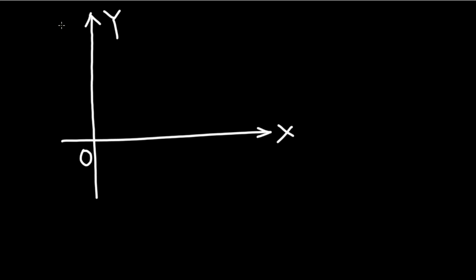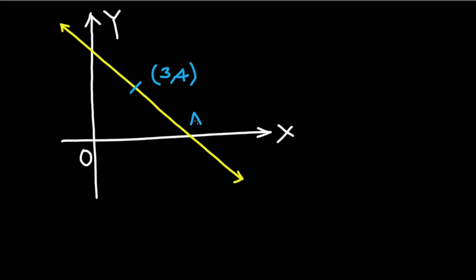We have to find the equation of this line whose portion between the positive x and y-axis is bisected at point 3, 4. Let this point be A, 0 and this point 0, B, where A is the x-intercept and B is the y-intercept.